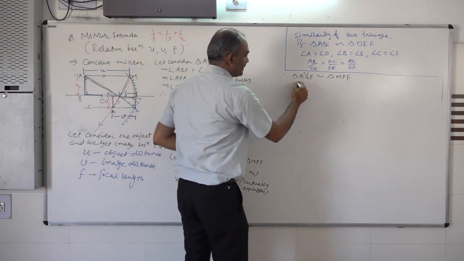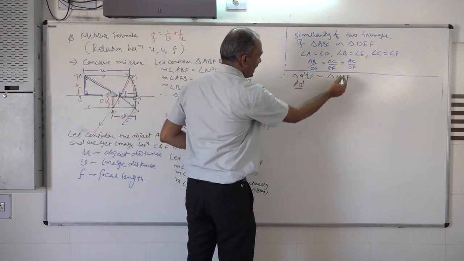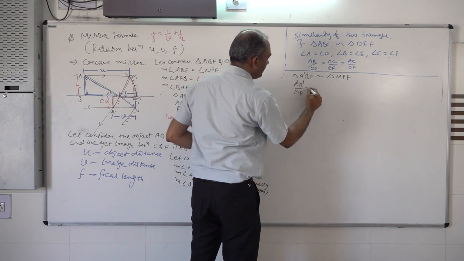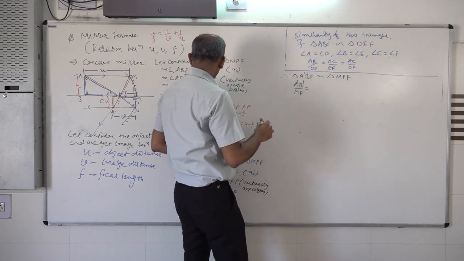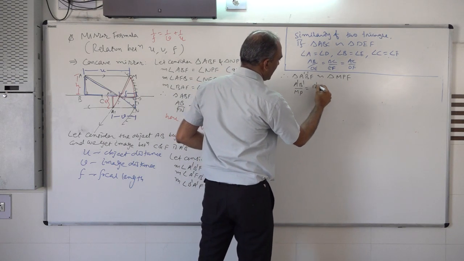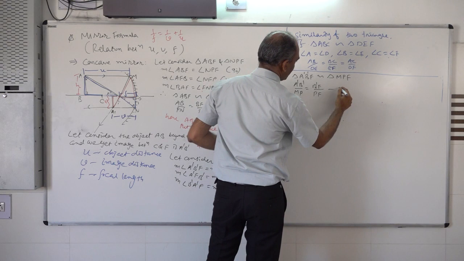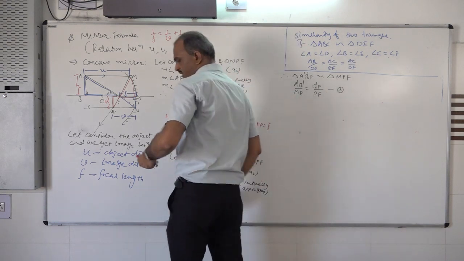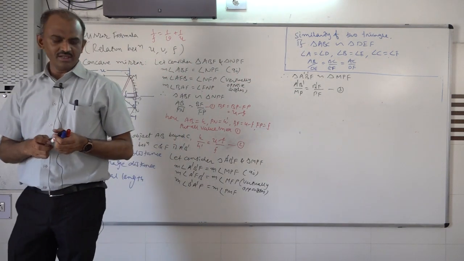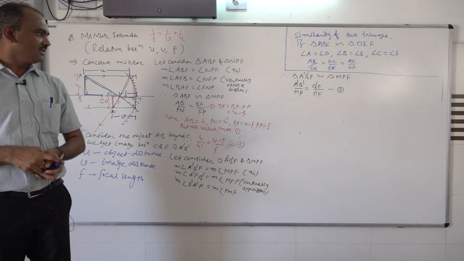So we can write A dash B dash upon MP is equal to B dash F upon PF. We are getting this as equation number 3.